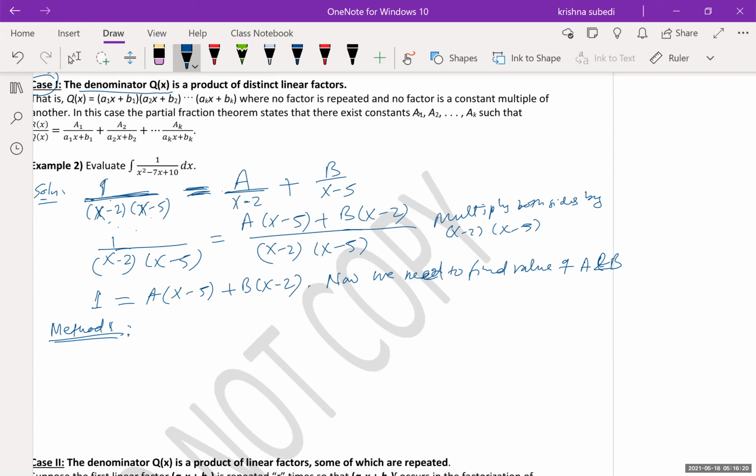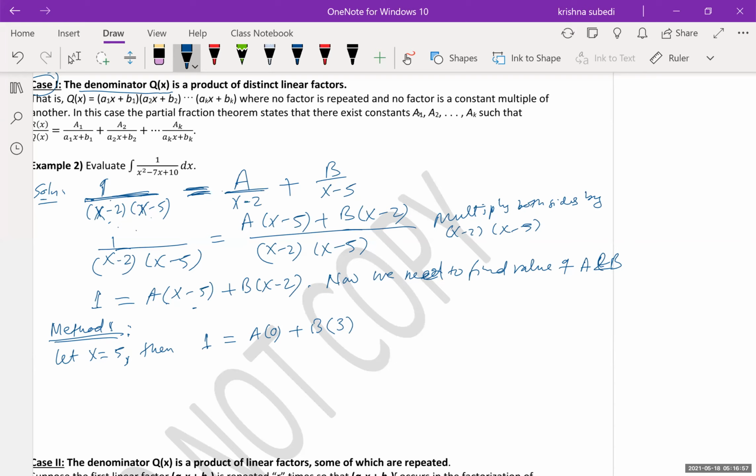Let us suppose x equals 5, for example. In that case, this term right here will be 0, so a will be eliminated. Use common sense here. Then 1 equals a times 0 plus b times x minus 2, meaning 5 minus 2, which is 3.